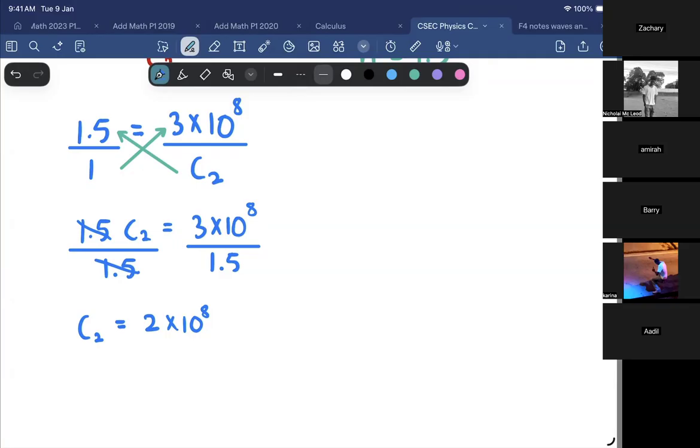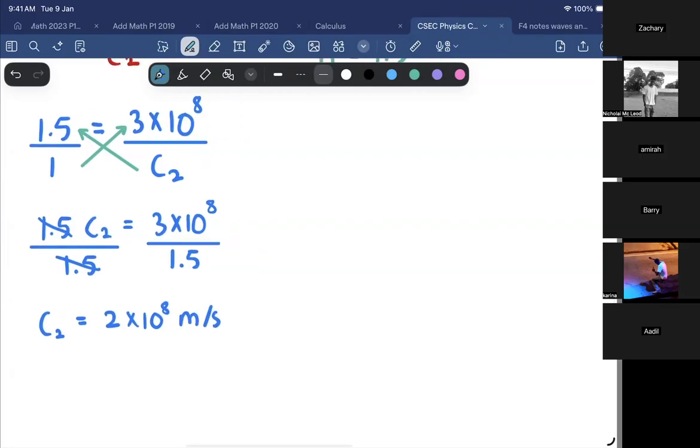No, the units for speed. So the units for speed is meters per second. And let me show you an easy way to remember that. So what's the formula for speed?